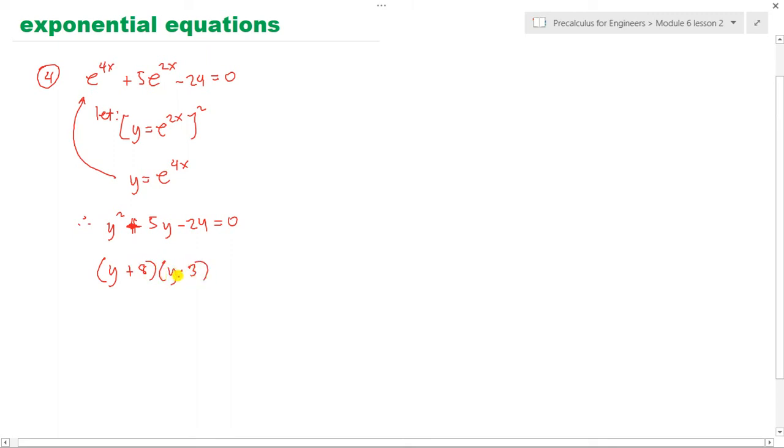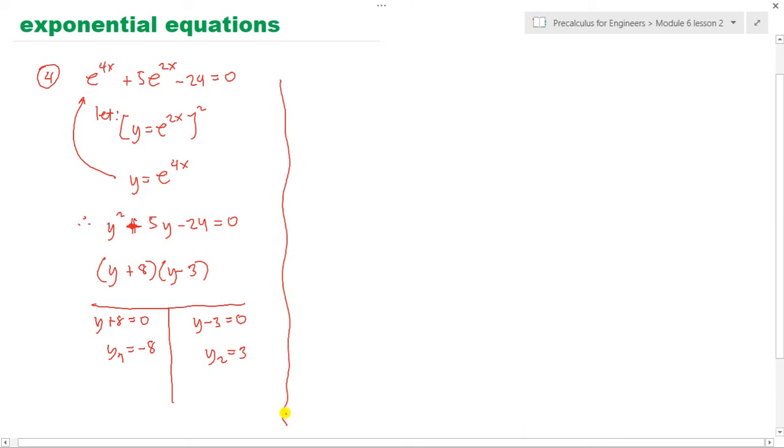Mo result siya sa middle term. So therefore we have two roots here, so we have y plus 8 is equals to 0, therefore y sub 1 is equals to negative 8. Kaduha, y minus 3 is equals to 0, that is y sub 2 is equals to 3.